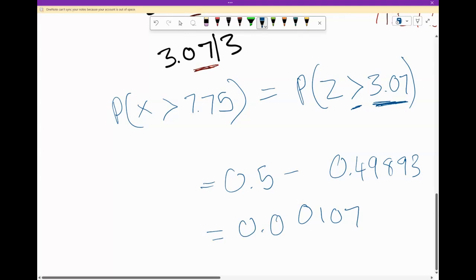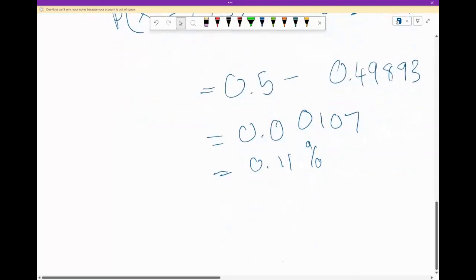Okay, right. So this is the same as saying 0.107 percent, isn't it? And I think in your textbooks, let's see, I think they rounded it to 0.11%. Okay. So this then became, it's not even a full percentage.